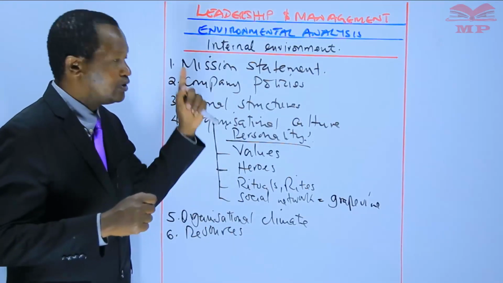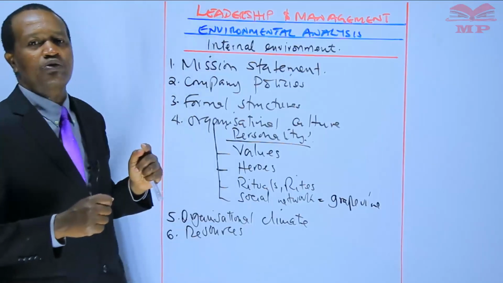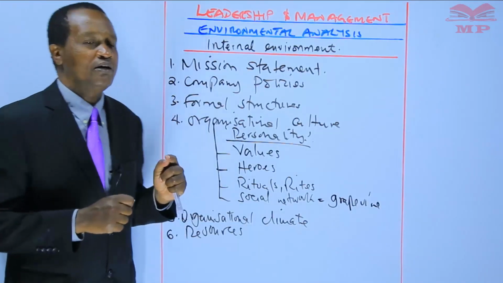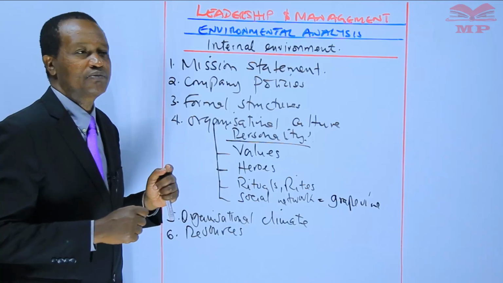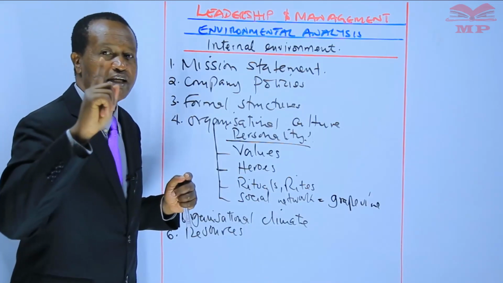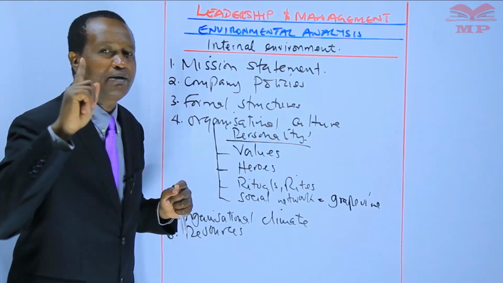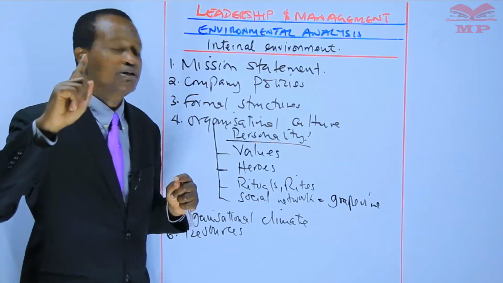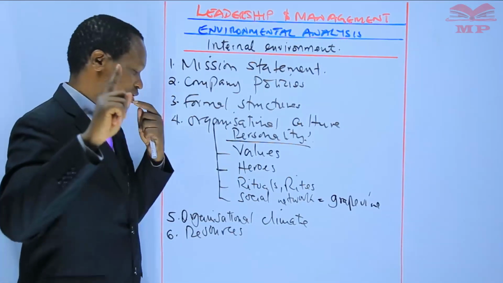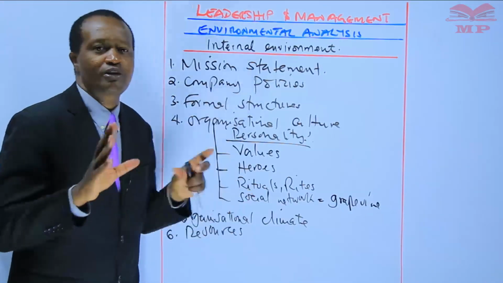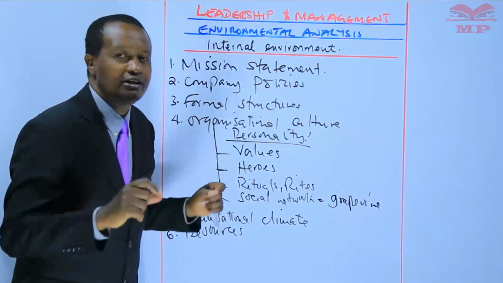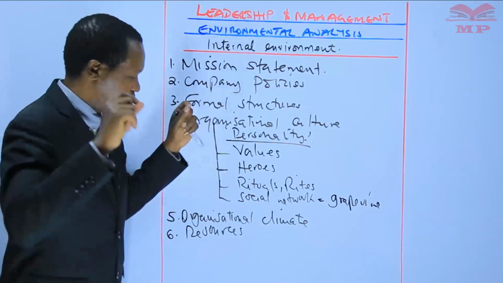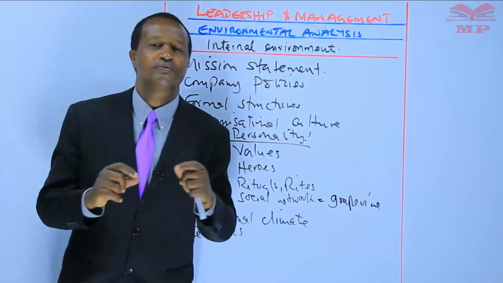And people are the paramount resource of all organizations. People. That's a key component, paramount component of an organization's resources. There are many resources which I've mentioned, but people or employees, these are the most paramount resource that a company can have.